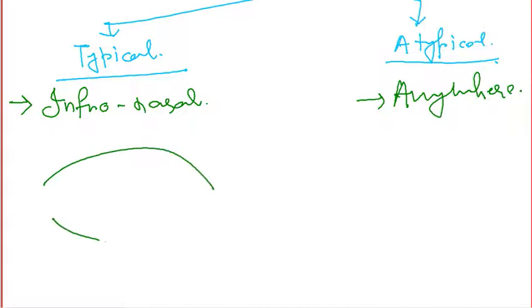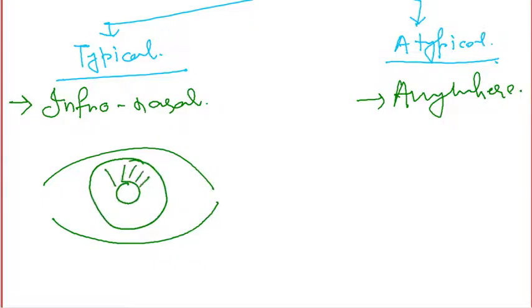Now if we draw a diagram here, this is a normal eye. This is the iris, this is the pupil, this is the sclera, and the cornea is covering.